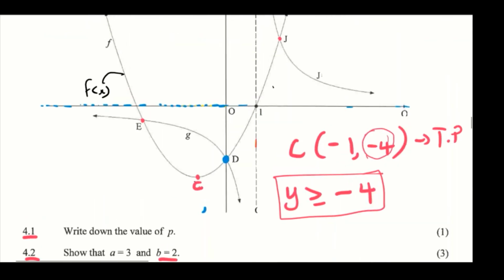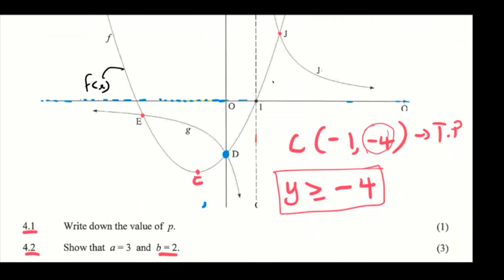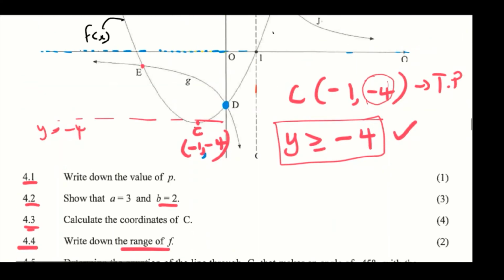Range is actually the y value, so you're predicting the movement of the y value. So y equals minus 4 is the lowest value of y on the graph of f. It starts from that lowest value of minus 4 all the way up. There's no other value that is less than minus 4 in the graph of f. Hence we choose this as our final answer for the range.